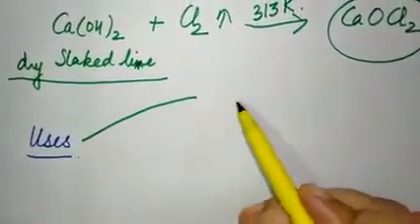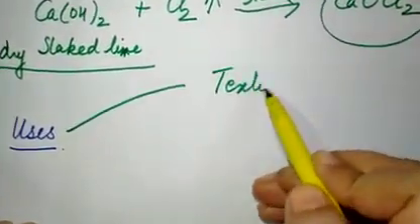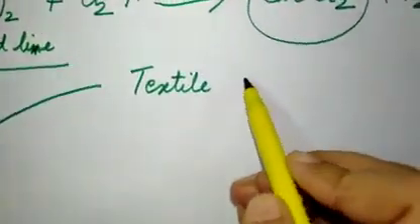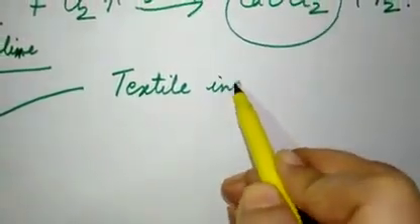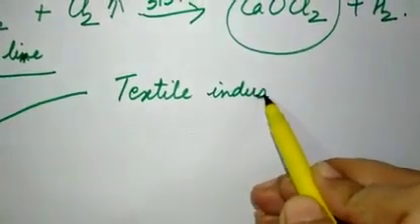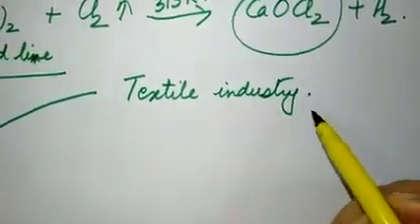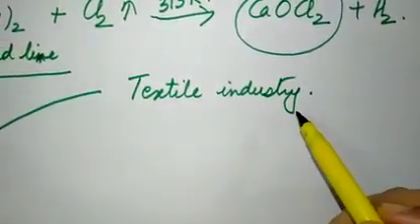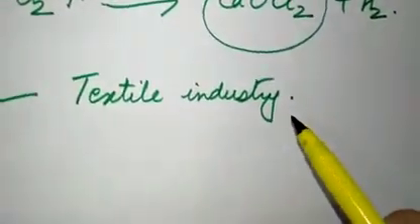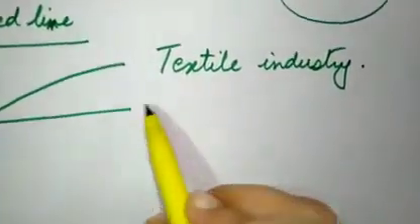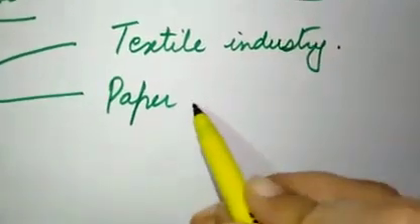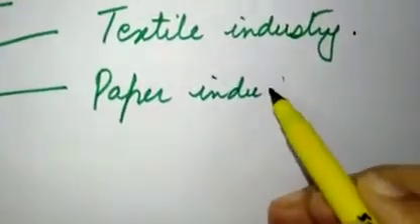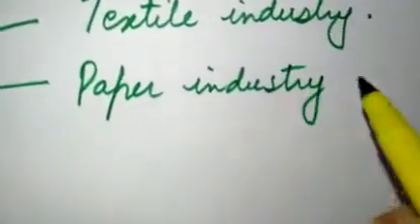One is it is used in textile industry. Textile industry means the cloth industry. So it is used in textile industry for the bleaching of cotton, for the bleaching of linen or wool. Okay. Then it is also used in paper industry. In paper industry, it is used for bleaching the wood pulp. Okay.